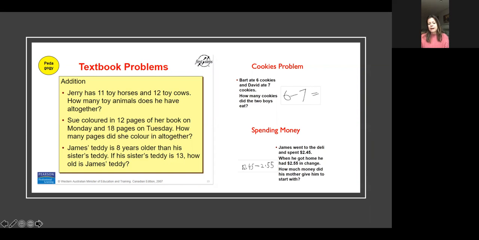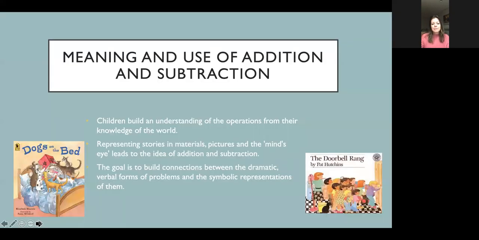And so I think we can advance to the next slide, if I remember. We want kids to think about context and the meaning and use of addition, subtraction, multiplication, division. They build an understanding of operations from their knowledge of the world.